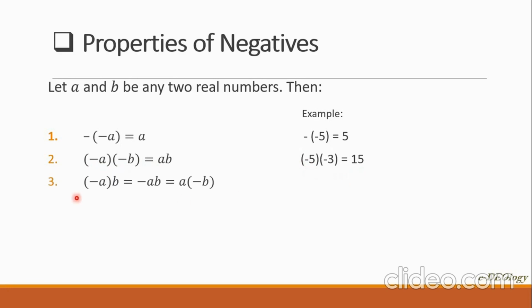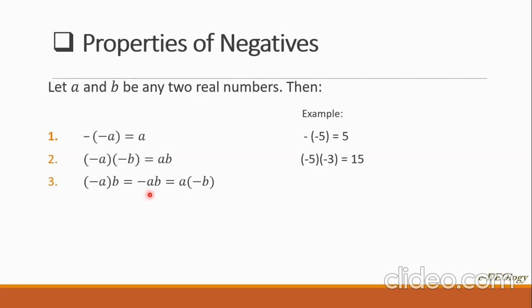The third one is when we multiply two numbers of opposite sign, one negative and the other positive. As you see here, this is negative A multiplied by positive B. On the rightmost part, this A is multiplied to negative B. So they have different signs, and the answer for both cases will be negative AB.